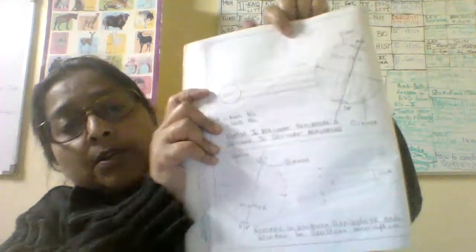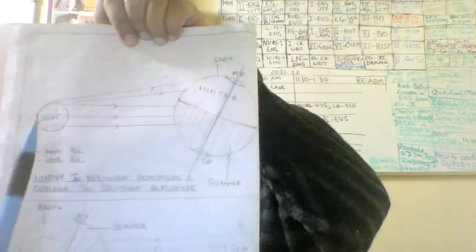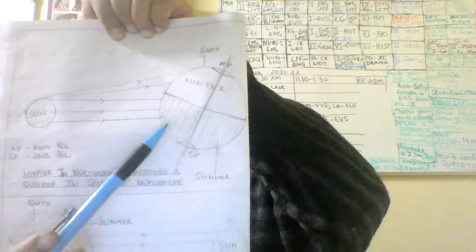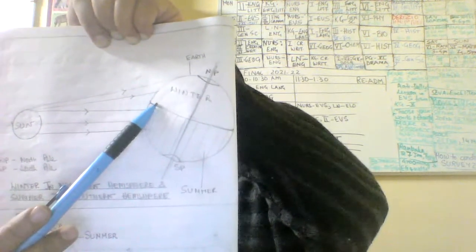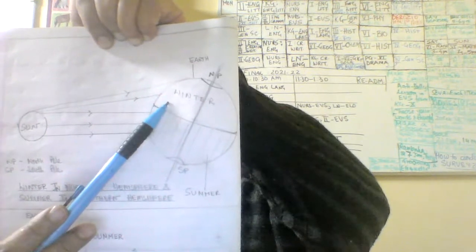Let us do it over here. So the southern hemisphere, you see, is coming closer to the sun, getting the rays directly, having summer, whereas the northern hemisphere, the rays are falling slanted because it is away from the sun and experiences winter.